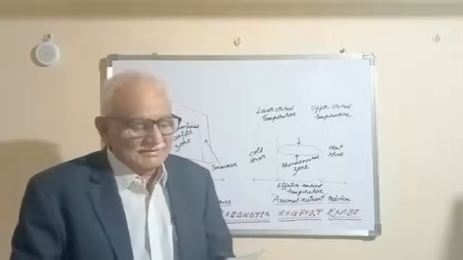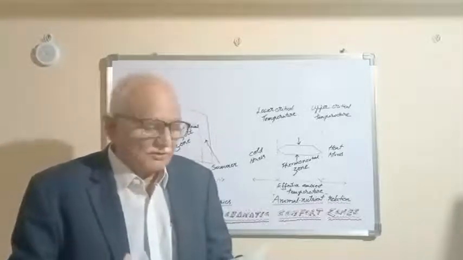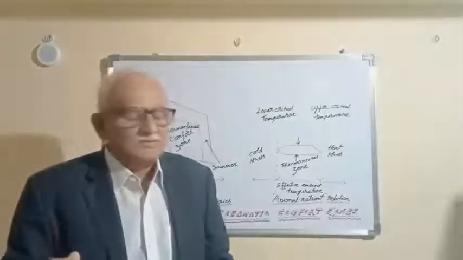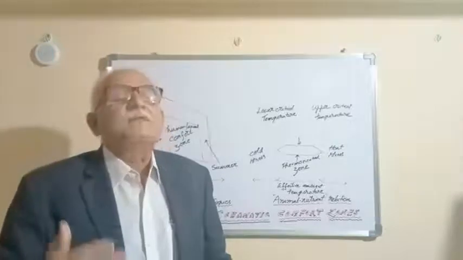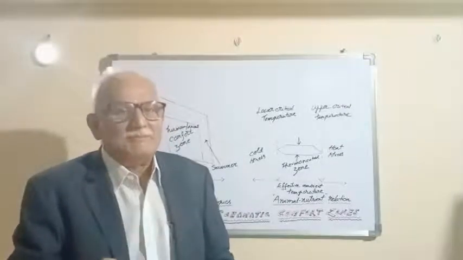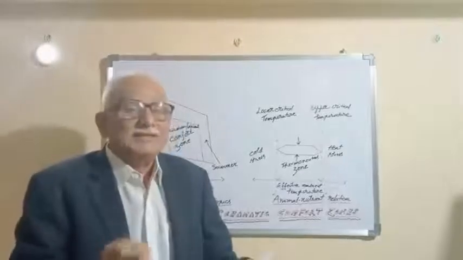Climate indices for air temperature, for example. From daily temperature recordings of dry bulb, wet bulb, thermograph, all these things, we get the daily air temperature. From there, how can we get the climate indices?